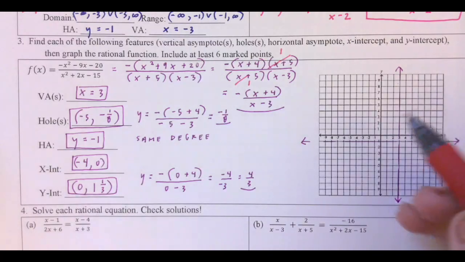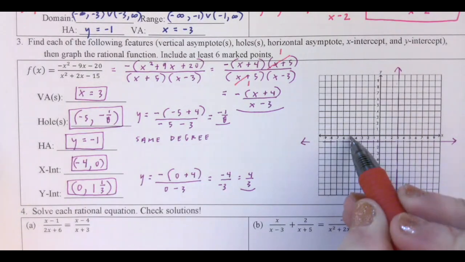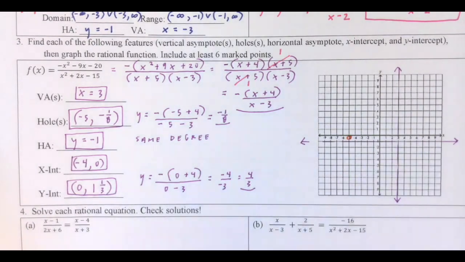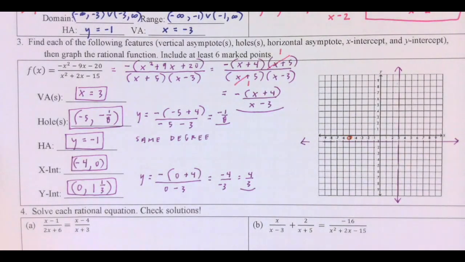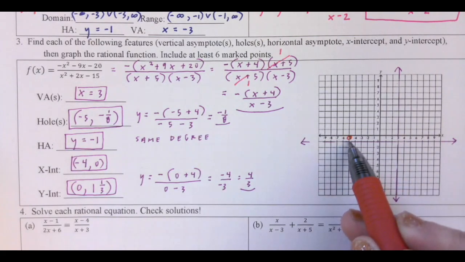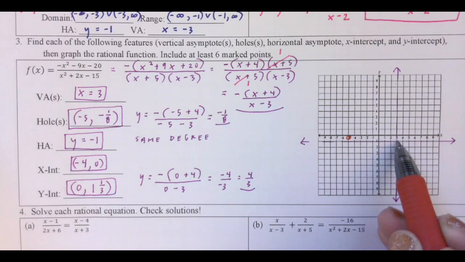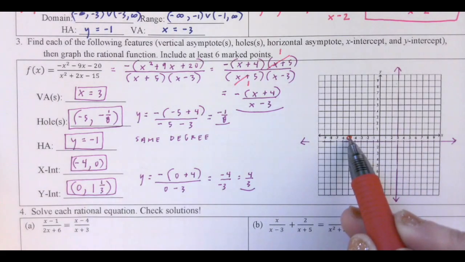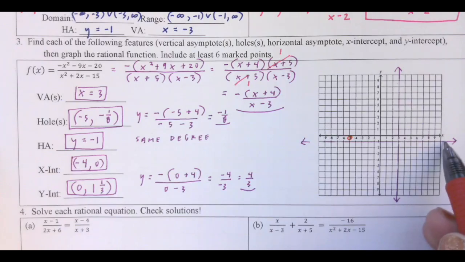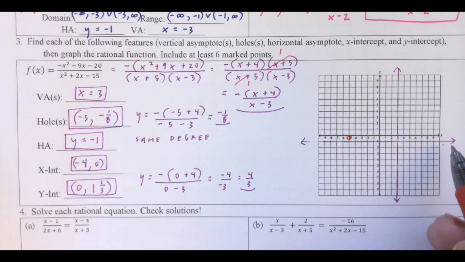That hole is at (-5, -1/8), so right here, nice and hollow. Now if I try to mirror that on the other side, how did I get there? I went left 8, and then up from this asymptote, 7/8, because I'm starting from here. So here I'm going to go right 8, and then down about 7/8. So I'm going to put a little dot right there. It's a little bit off, but that is okay.